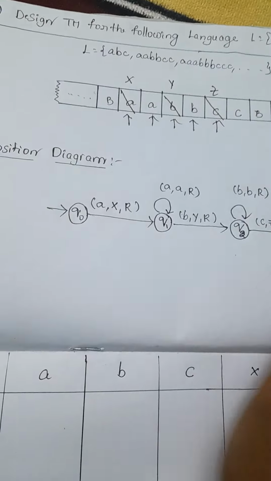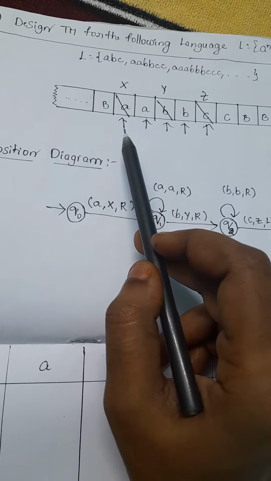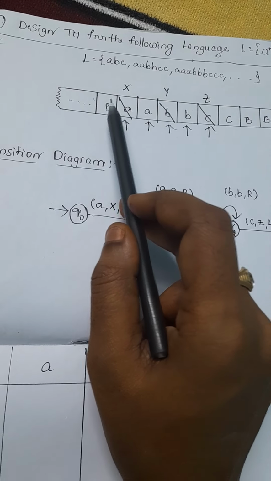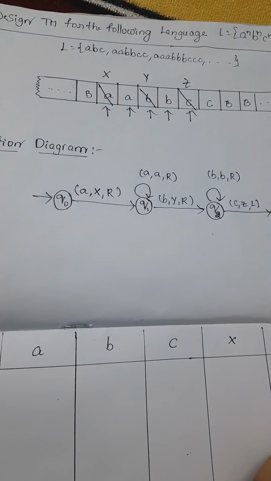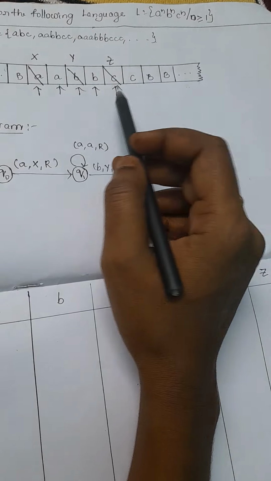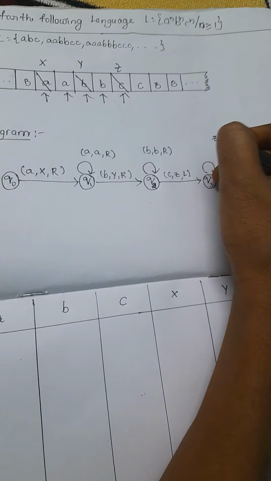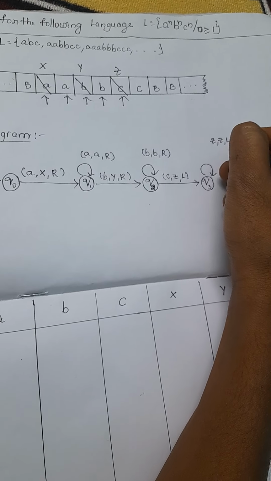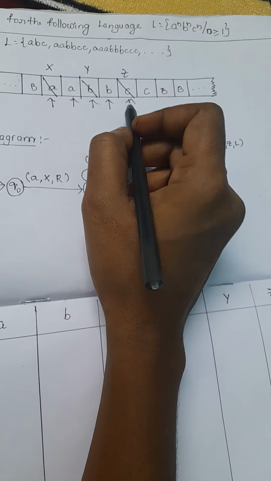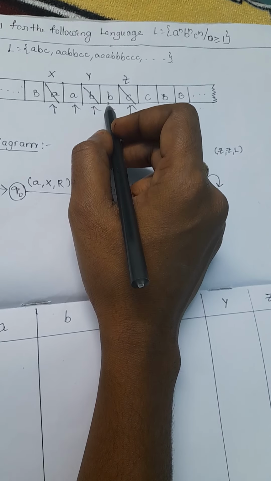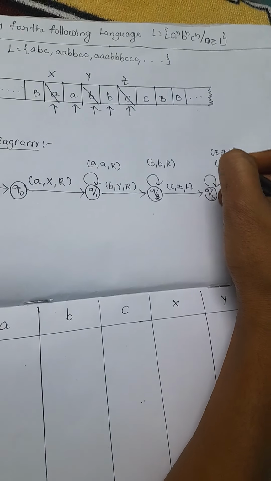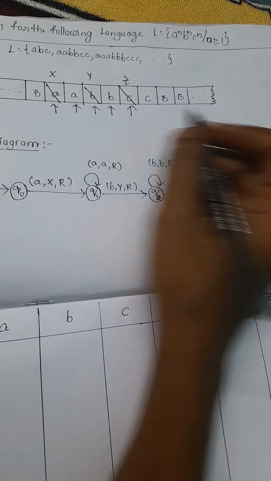So after that, while we are coming back in the way to the back side, we will read all the symbols whatever encountering in the path. So that's why from Q3 state we will first touch Z. Z remains Z only, we need to move left. After Z we will touch B. B remains B only, we need to move left.